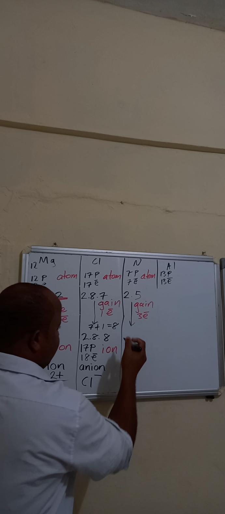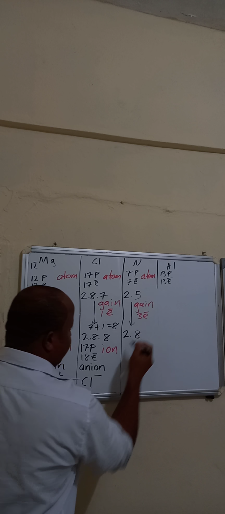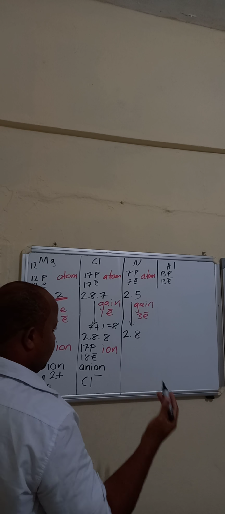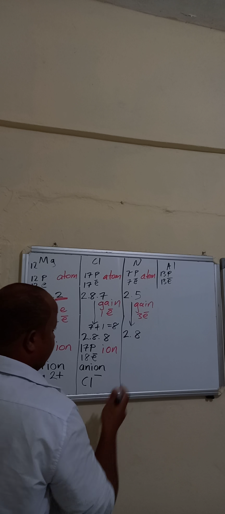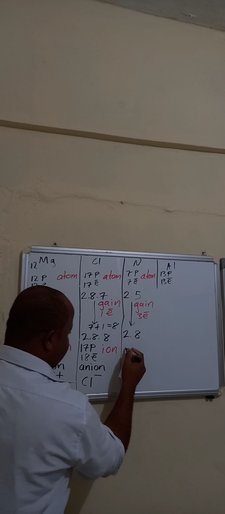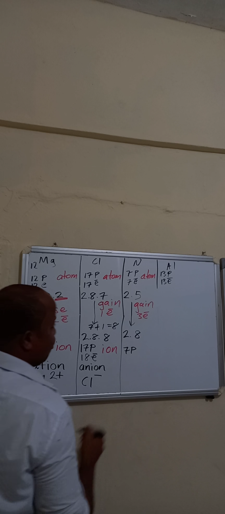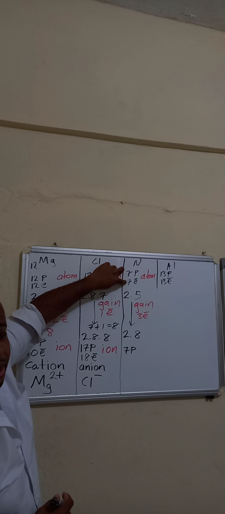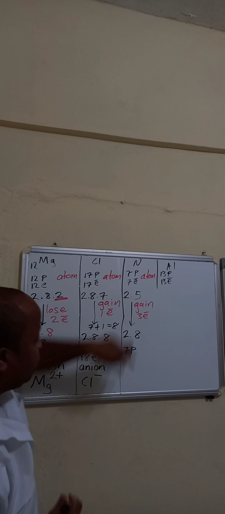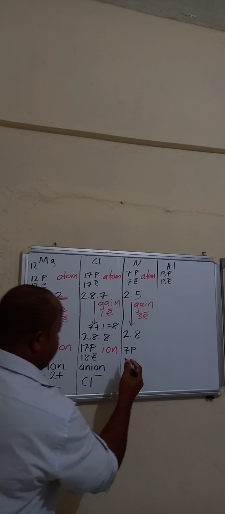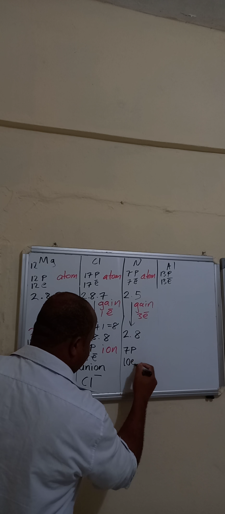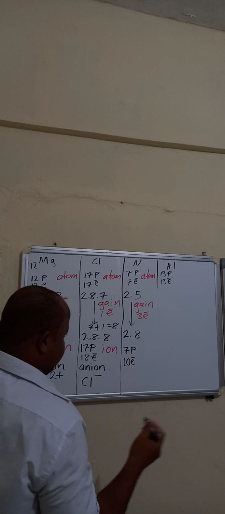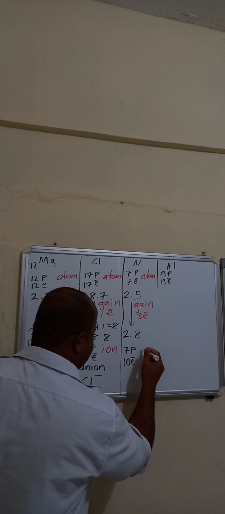And its electronic configuration would now be 2, 8. 5 plus the 3, that's 8. So now we have the ion. 7 protons, but now, remember we start out with 7 electrons as well, but it gained 3. So the total is 10. As you can see, 8 plus 2, that is 10. So this is the ion.